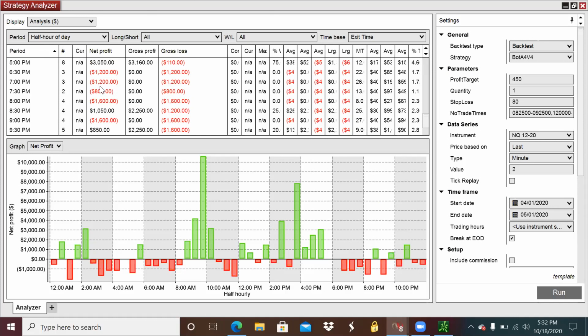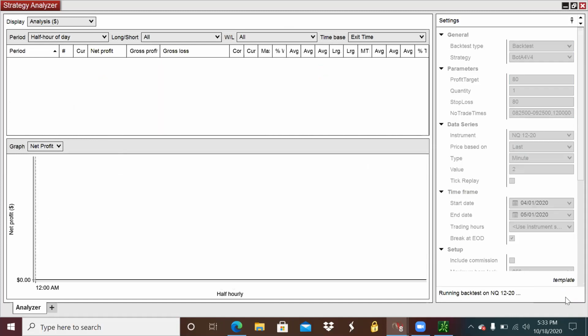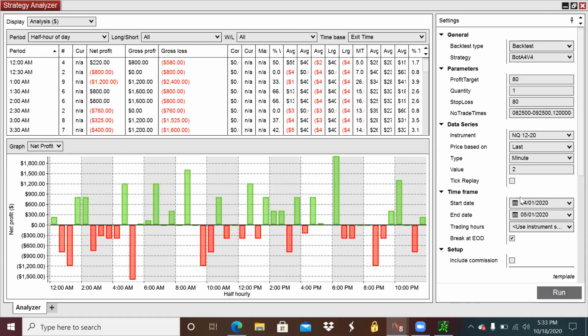So even though the bot made like $130,000 for I think it was 8 or 9 months period from January to October, if you could minimize these losses, then that's very profitable. So how you would do that is I would run the bot, since all this data is telling me that it's not as profitable as far as trying to target the 450, I would do an 80 1-1 ratio around that time, and then try to figure out if it's profitable around this time.